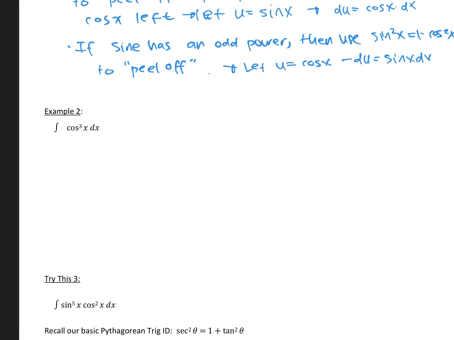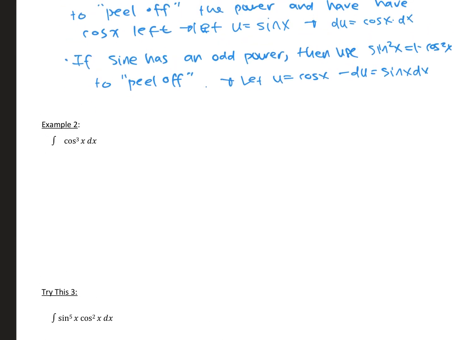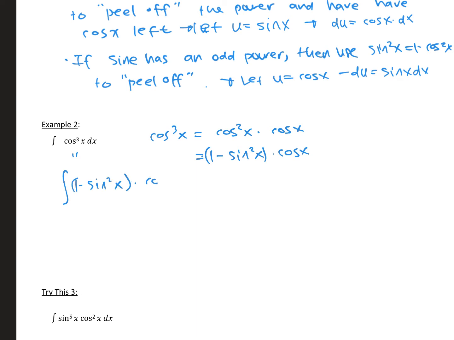Next example, it says cosine cubed. Oh, I don't see sine, just cosine, which is fine. Then again, I see the cube as the exponent, so I'll convert cosine cubed into cosine squared times cosine x. That becomes 1 minus sine squared times cosine x, so this will be written as 1 minus sine squared x times cosine x dx. So I'll let u be sine x, and then du is cosine x dx.